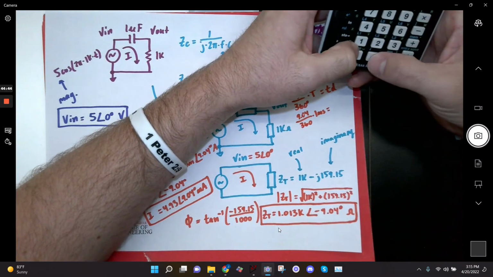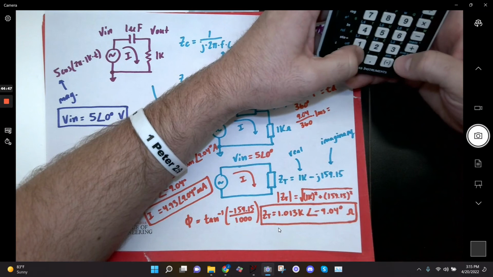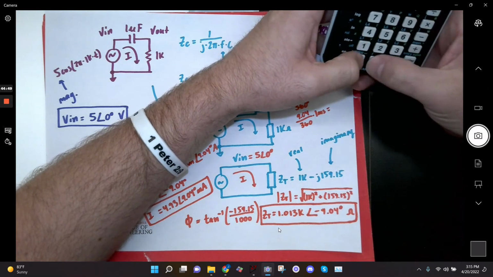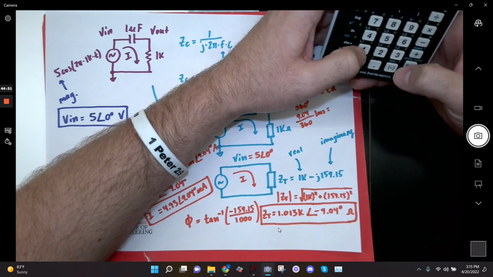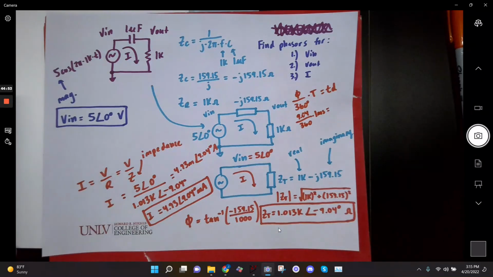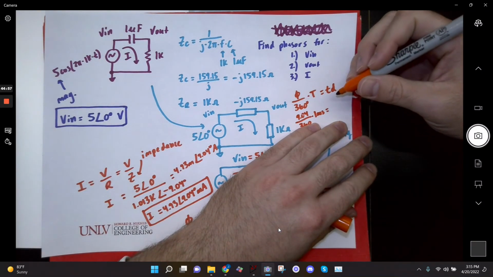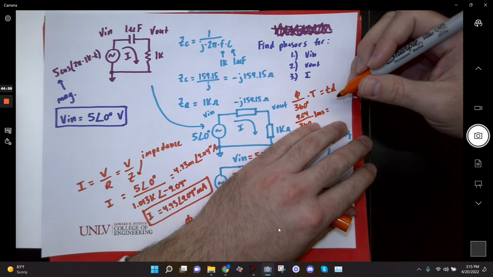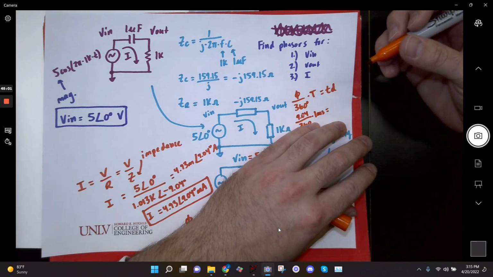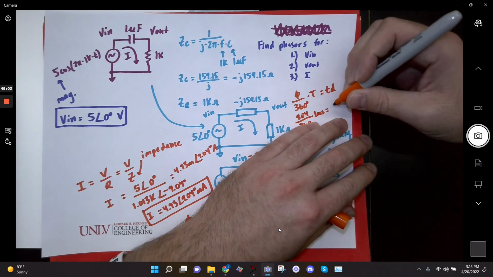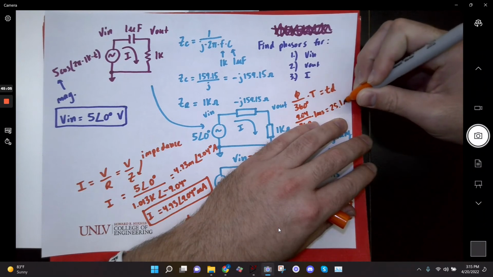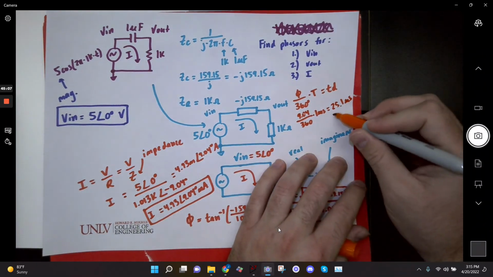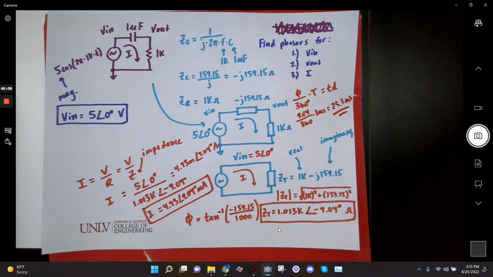So 9.04 divided by 360, and I multiply that by 0.001, I get 25.1 microseconds. Let me write that. Where'd you get 1 millisecond from? That's the period of my frequency. That's 1 over my 1K, which gives me 1 millisecond. So this is 25.1 microseconds. Okay, so that's what I should see in SPICE to confirm that this phase shift is correct.